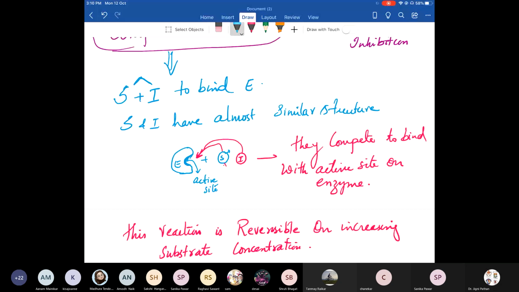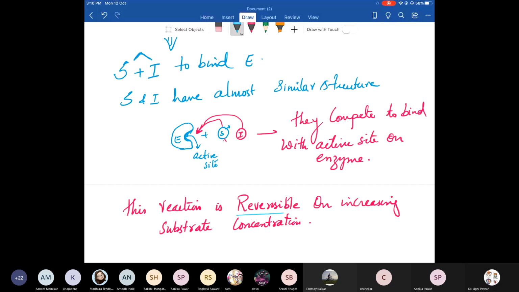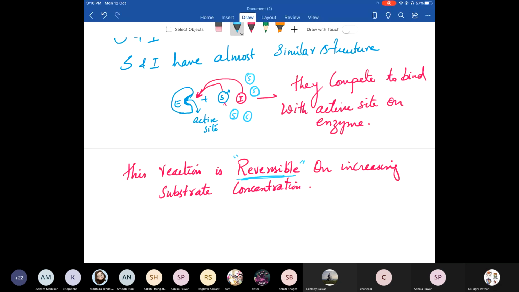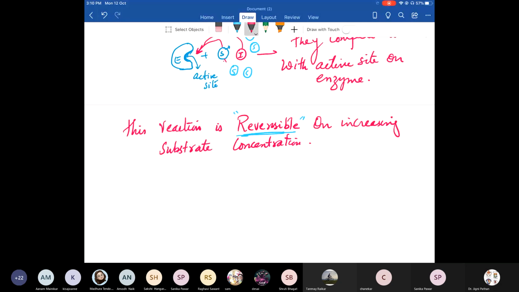The reaction can be reversed. Only substrate can bind. When you have more substrate concentration, more S everywhere and less I, you can get a product because there is more substrate concentration. Is this point clear? Let us draw this graph.